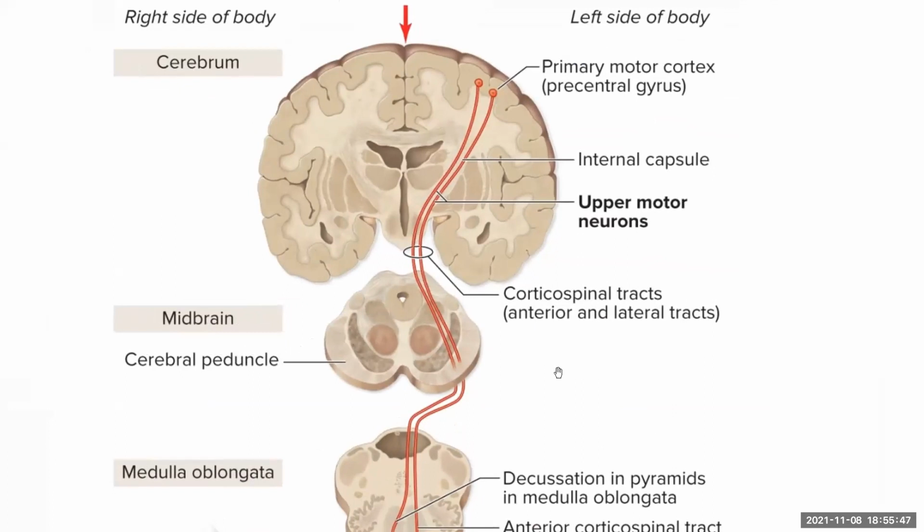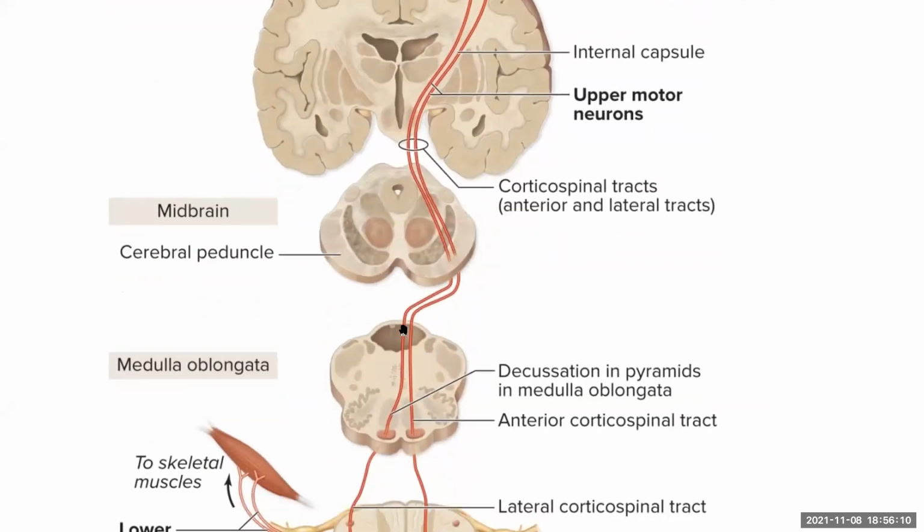All right, so let's start off with our upper motor neuron. It originates up here in the primary motor cortex and descends through the internal capsule. It will then descend through the brainstem, through the cerebral peduncles and the anterior portion of the midbrain.